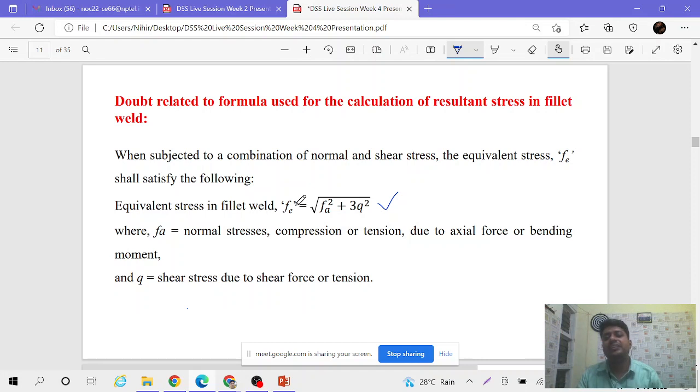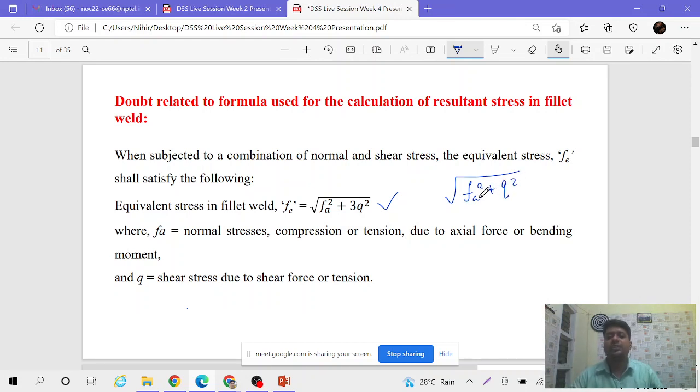For the fillet weld, someone has asked that in lecture number 12 sir has used this formula, and in lecture number 18 sir is using it like this. One second. Yes, Fa square plus Q square.